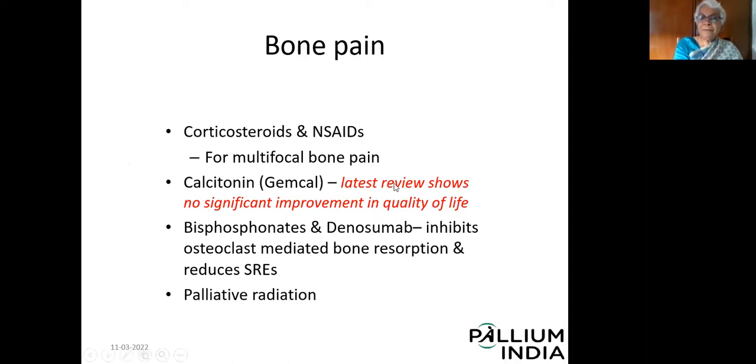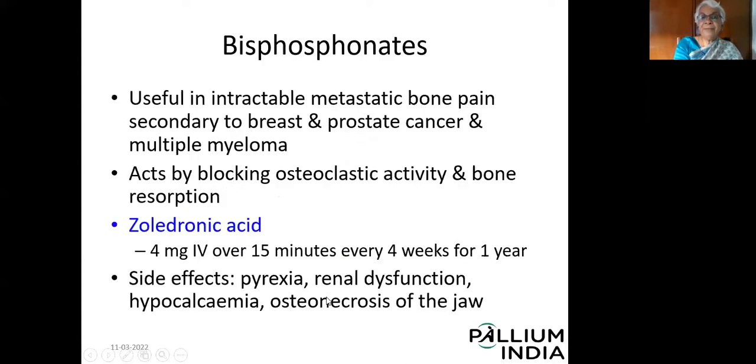Calcitonin used to be given, but the latest review shows that there's no significant improvement in quality of life. But the drugs that are preferred are the bisphosphonates and denosumab because they inhibit the bone resorption mediated by the osteoclasts and reduce the SREs. Palliative radiation can also be used.